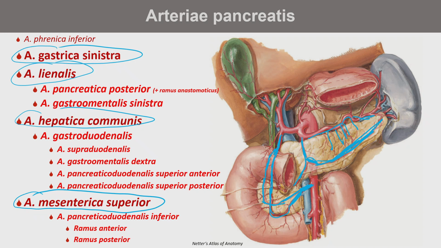What's the importance of it? Probably you know that we have two very dangerous diseases of the pancreas, death-bearing. One is acute pancreatitis.